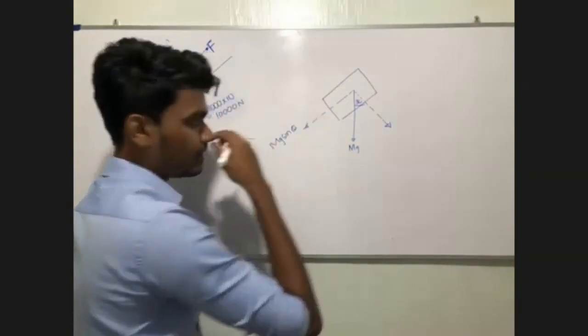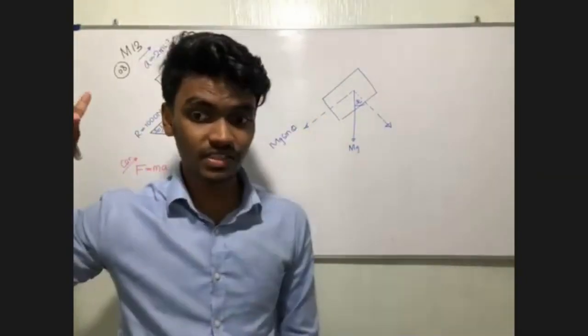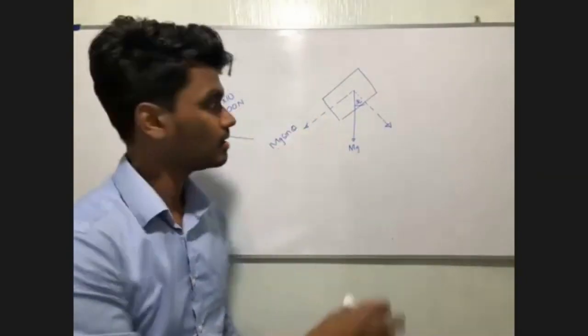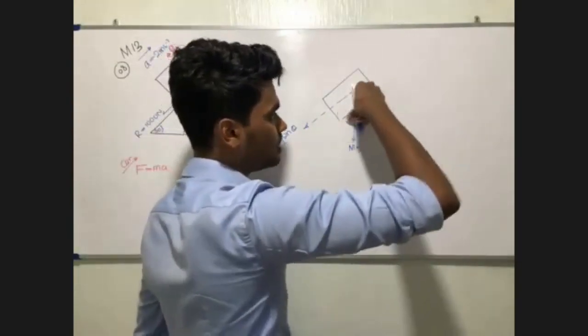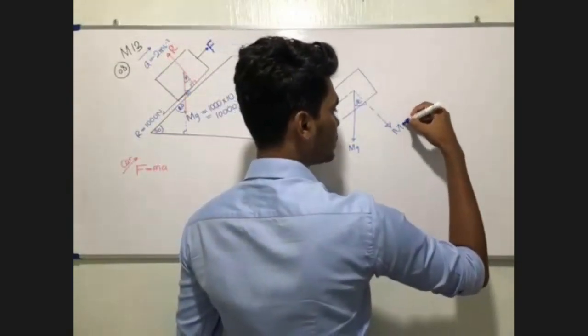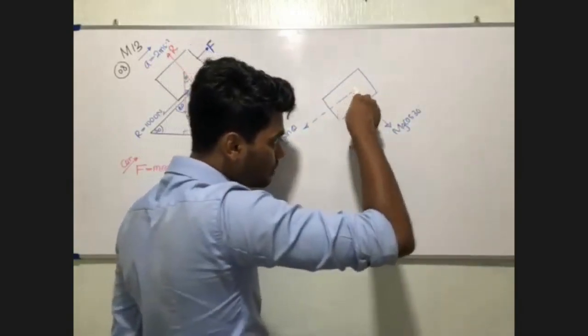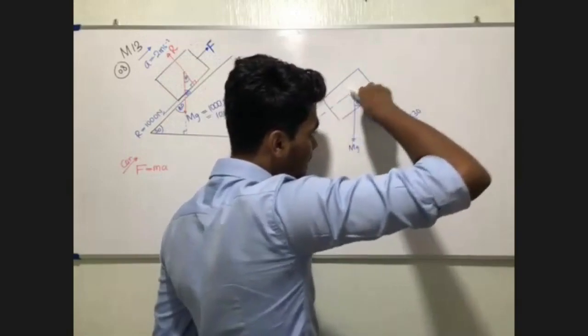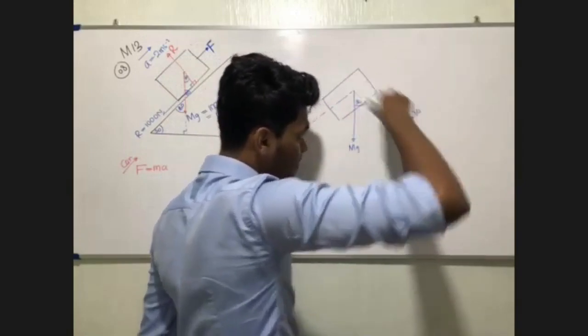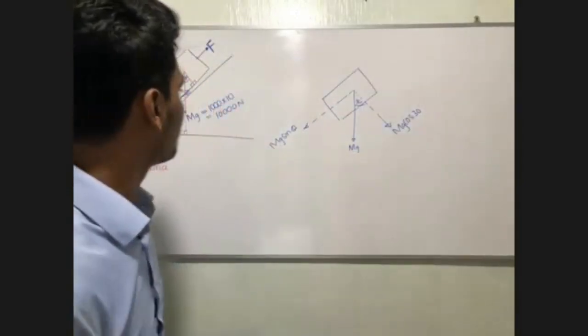Mg sine theta. We have learned how to resolve in the first lesson. Yes. What is this? Mg cos theta. When you resolve towards the angle, it is mg cos 30.